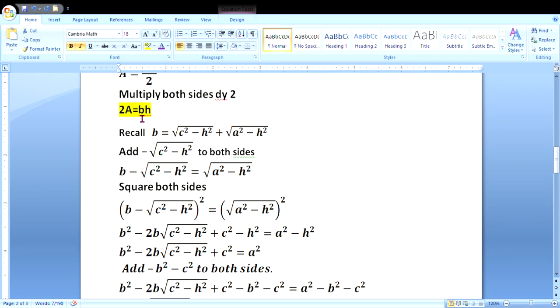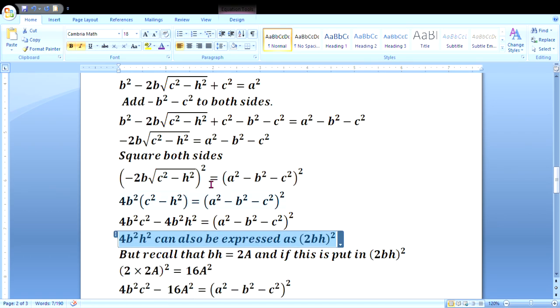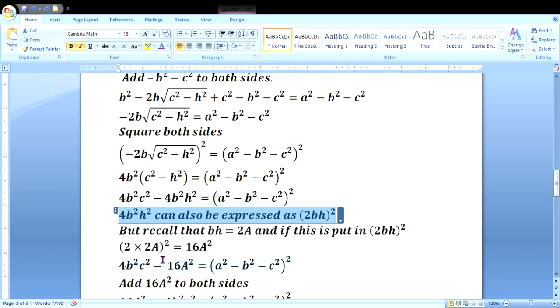So in place of bh, we will replace it with 2a. Recall that bh is equal to 2a, and if this is put in open bracket 2bh close bracket all square, this becomes open bracket 2 times 2a close bracket all square, and eventually it becomes 16a square.